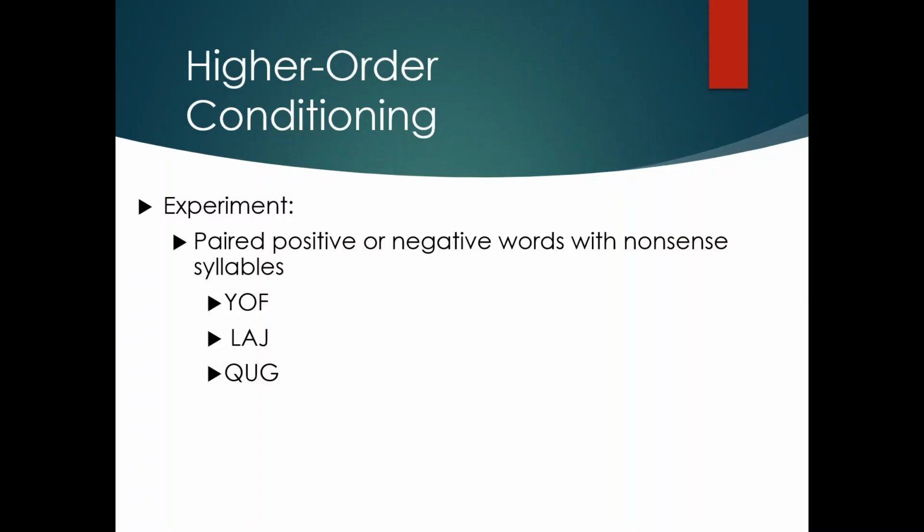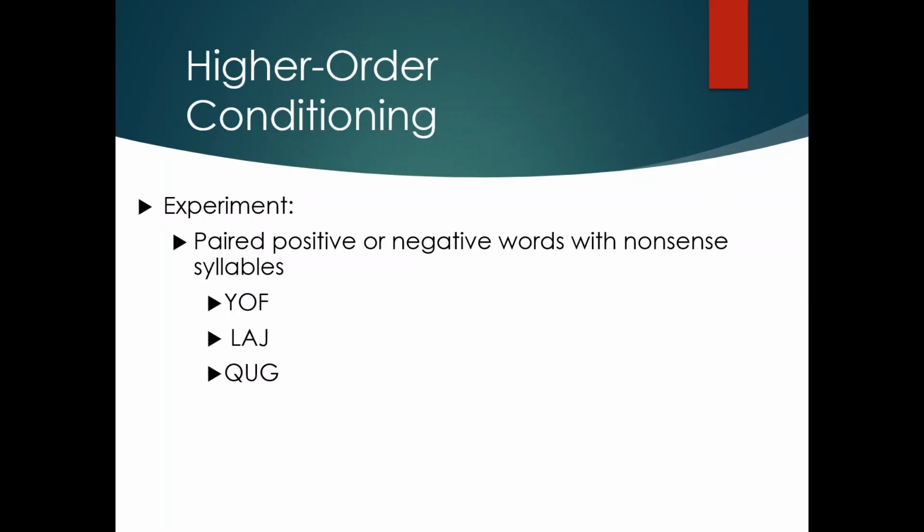There has been research done looking at how mundane or basic, how simple, these word pairings or these associations can be. One experiment paired either positive or negative words like happy and sad with nonsense syllables, or syllables that don't have a meaning.